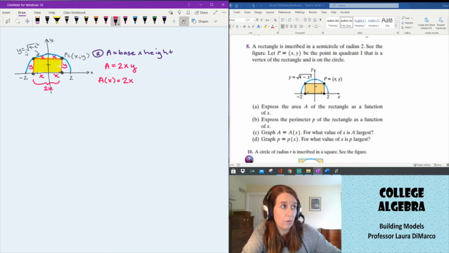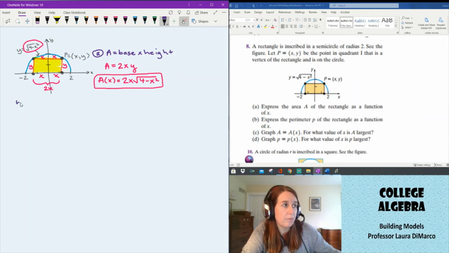Well, right here, given in the problem, is y equals square root 4 minus x squared. That's the equation of the circle, but notice that point P is on the circle, so that is the equation for y at that point. So just substitute for y square root 4 minus x squared. Now we have a function for area in terms of x, and we're finished.